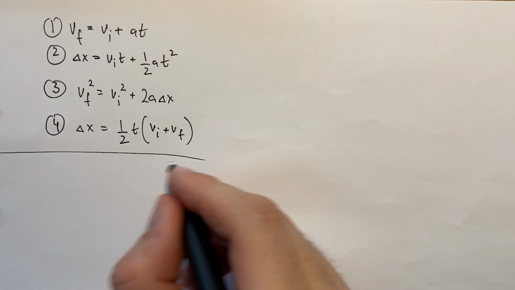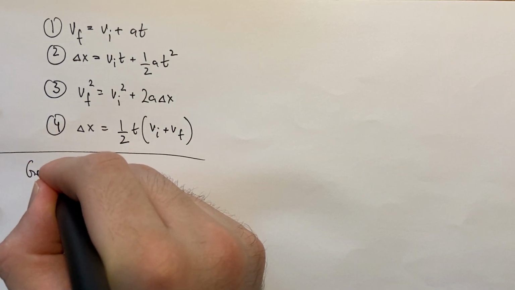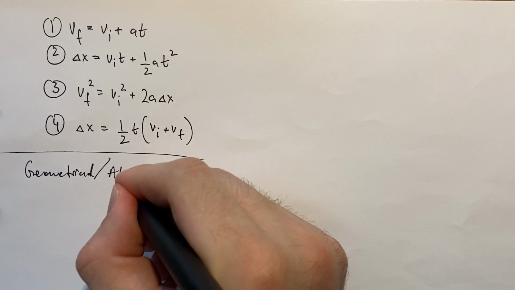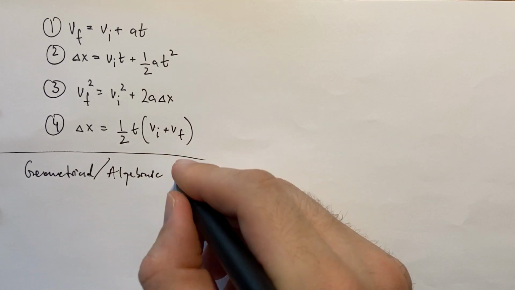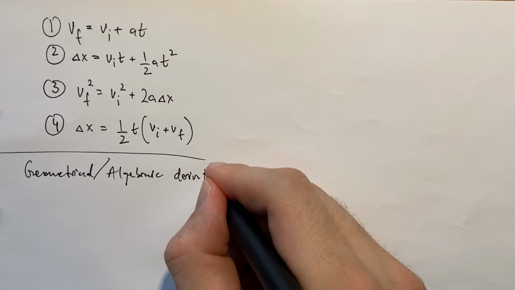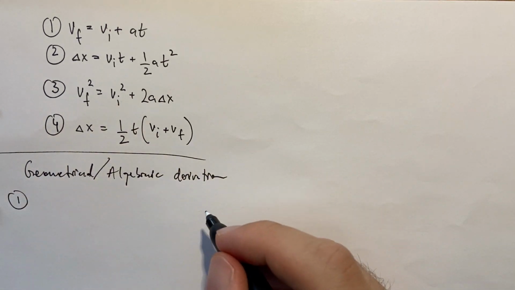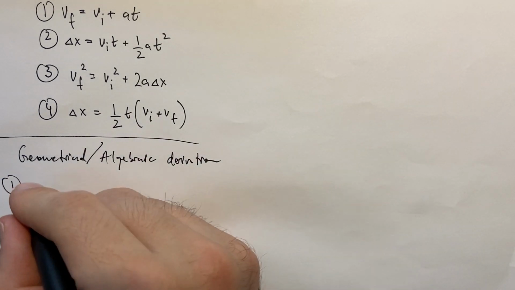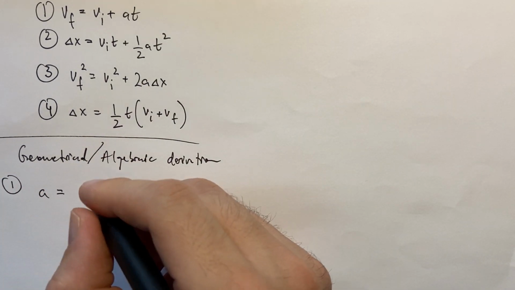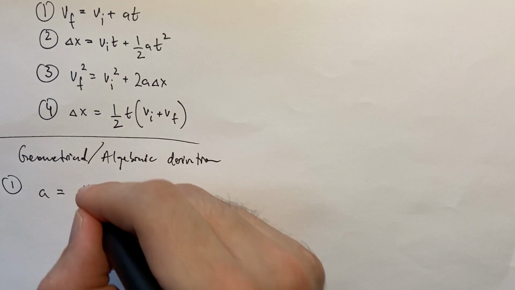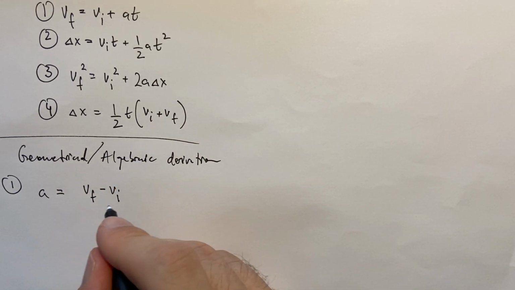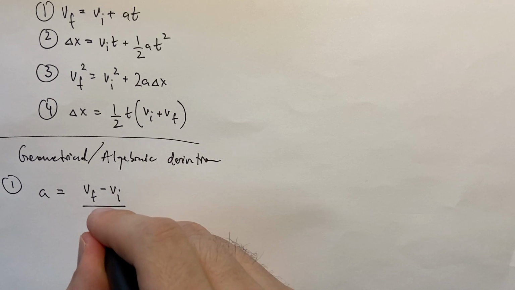Let's start off with a geometrical, algebraic derivation. First equation of motion, well, not that hard. We just start off with the definition of acceleration, which is the final velocity minus the initial velocity, so the difference in velocity divided by the time.